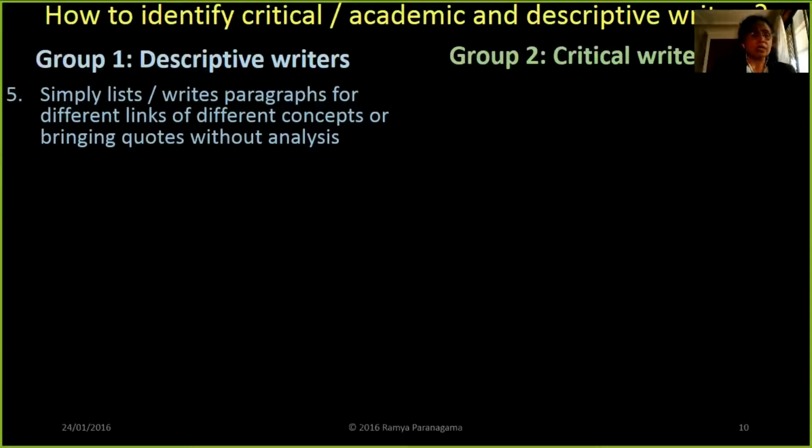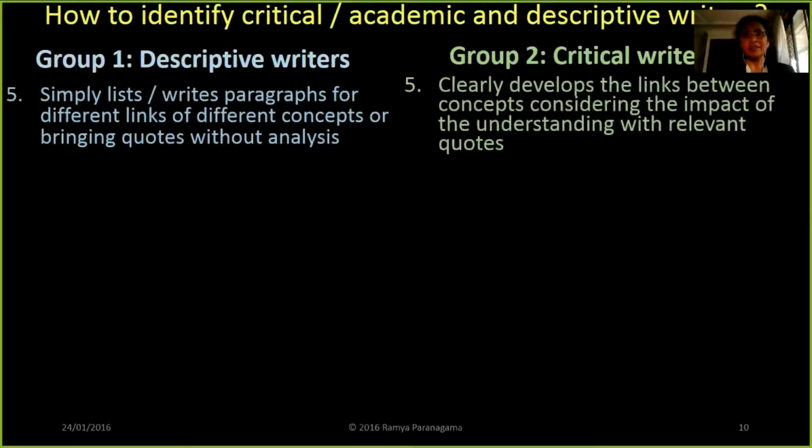So there is no valid information, no bringing 5, 6 sources to say this is my argument. No such thing. Writing a personal story and throwing a quote, there is no validity on that quote. But the critical writers, they are developing their argument. They are clearly showing the links between arguments. They would bring quotes if necessary to prove the case.